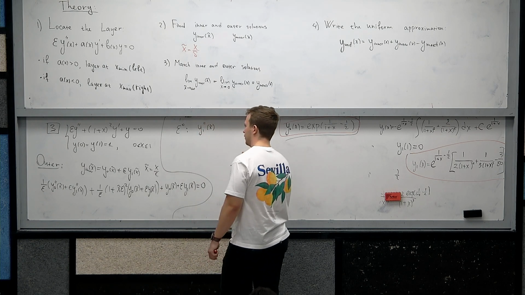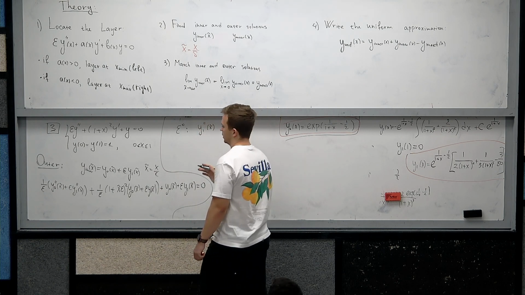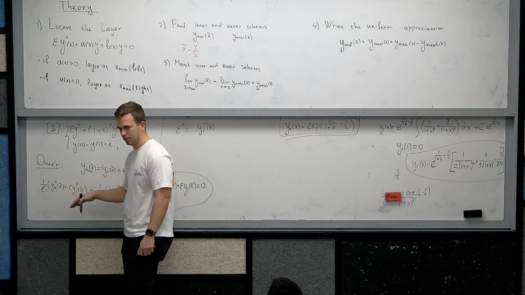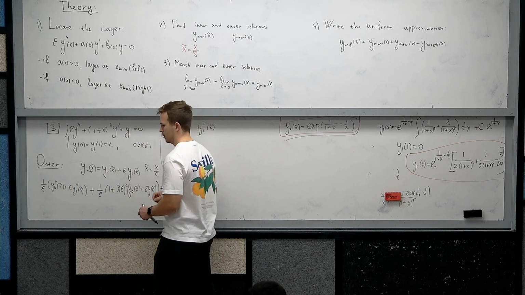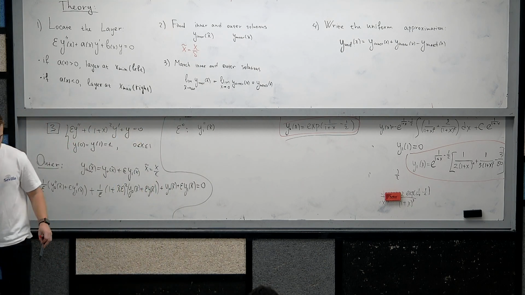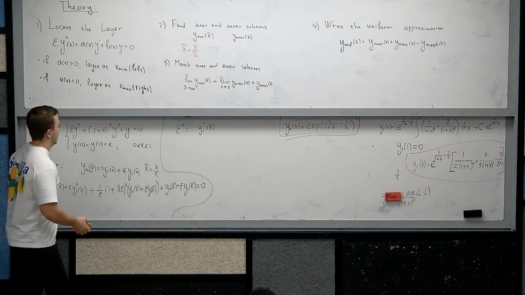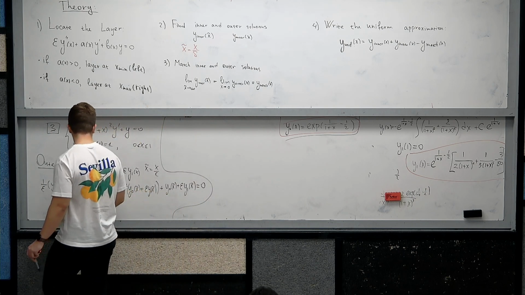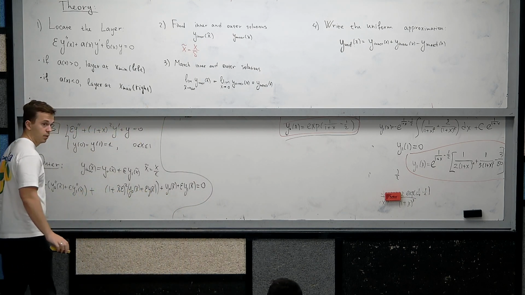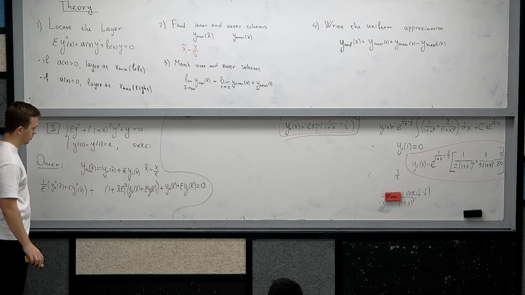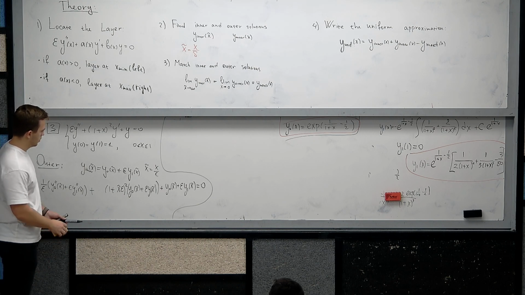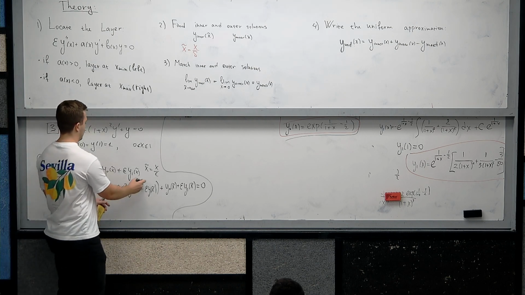Okay, let's firstly multiply each side by epsilon, okay? Because this is the correct procedure. If we multiply all of this by epsilon, there's a mistake there. It's supposed to be y naught prime in the second term. Yes, thank you.